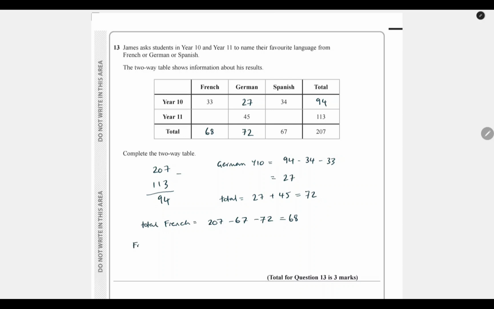So we'll call that French year 11, and that's going to be 68 minus 33, which is equal to 35. And then finally, the number of Year 11 students that prefer Spanish. So Spanish Year 11 is 67 minus 34, which is equal to 33. And that's our answer.